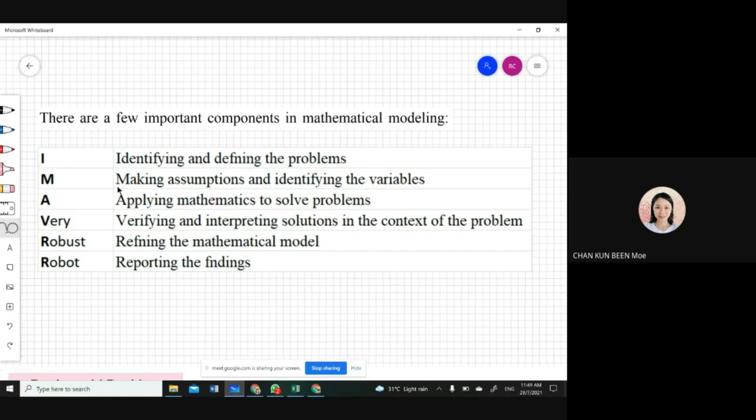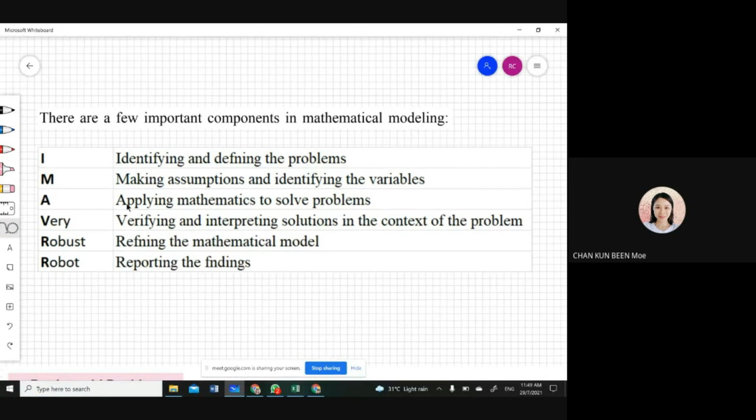Okay, M, making assumptions and identifying the variables. For this second component over here, usually we are going to split it into 2. Making assumptions, one part, identifying the variables, one part. We are going to see this later on. I'm going to show you why it is divided into 2 parts.